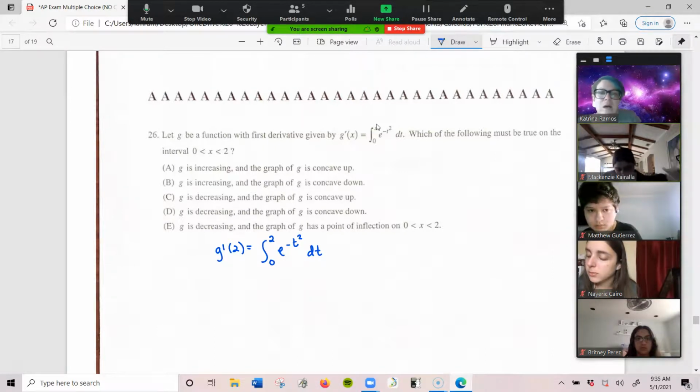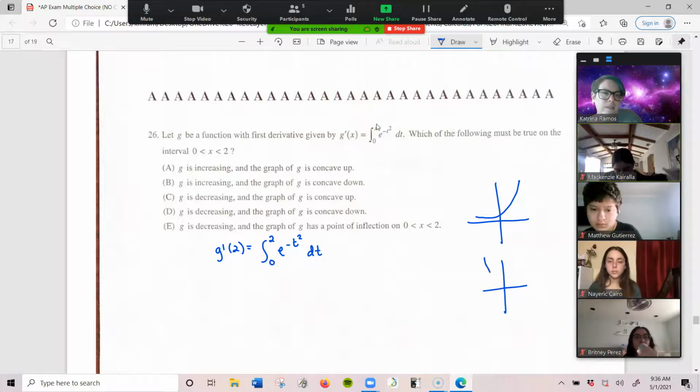Okay, now I don't even need to evaluate this to know what's going to happen. The integral from 0 to 2 of e, even though e is an exponential function, right? So it's always going to either grow or decay, but it's never going to go below the x-axis, because this is what it looks like. e is either like this or like this.